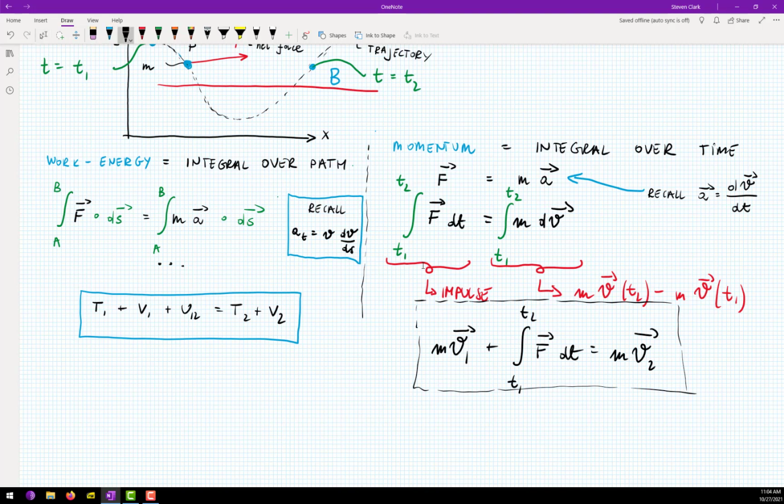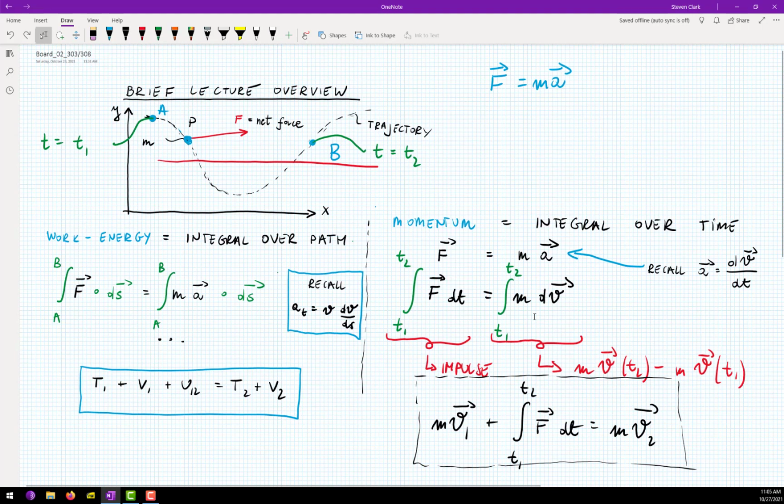In other words, initial momentum plus impulse results in the final momentum of our particle. Questions? I don't hear any questions.